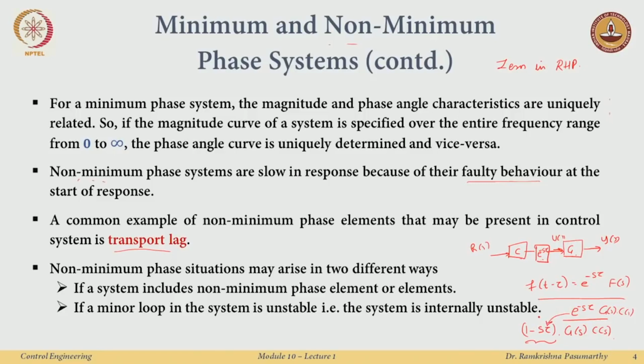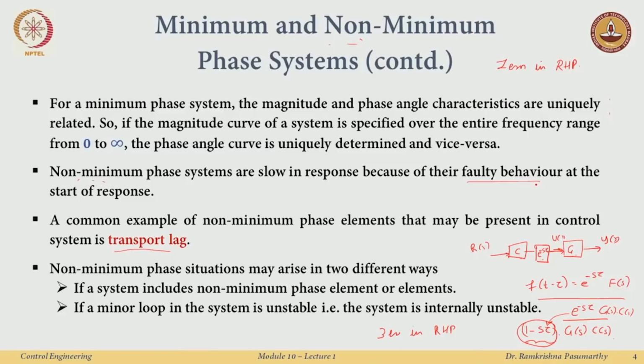So this is a system. What is the nature of this? Now this introduces a zero in the right half plane, and this will result in a system which is now non-minimum phase. We will see what the role of this zero in the right half plane is, how it is related to a transport lag, which is via this relation, and what the faulty behavior is that we are talking of.